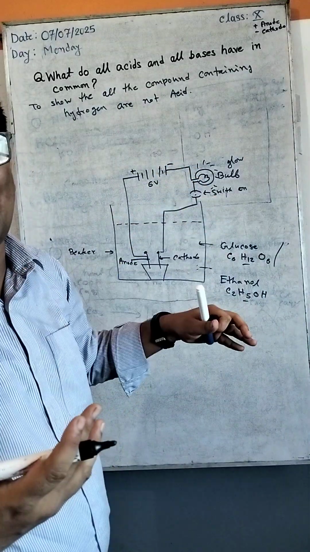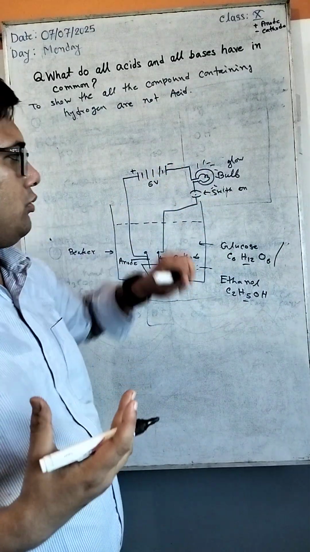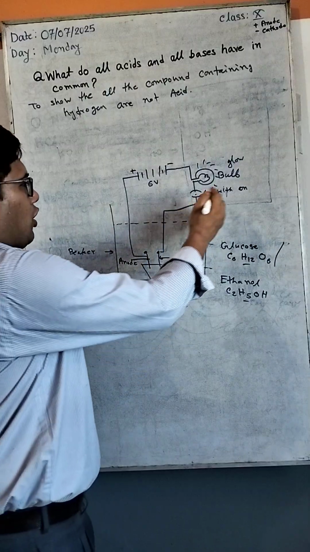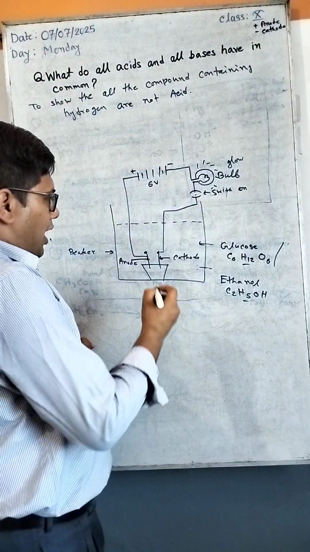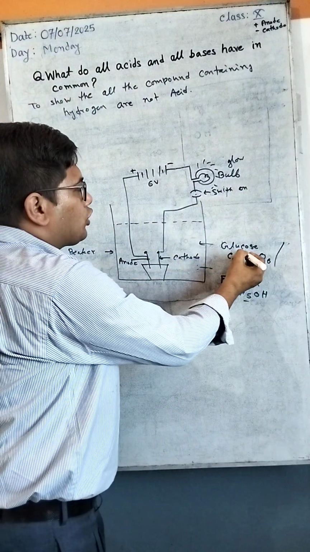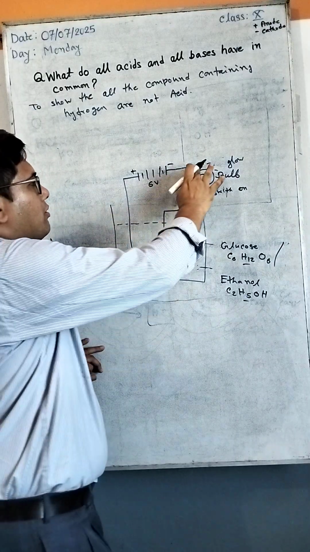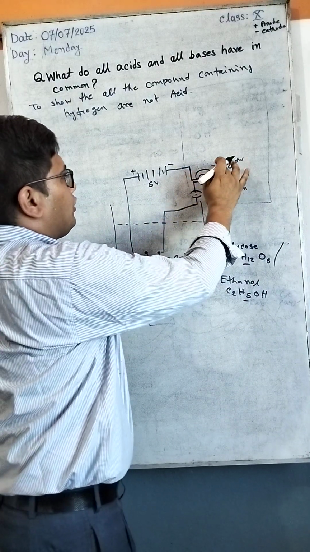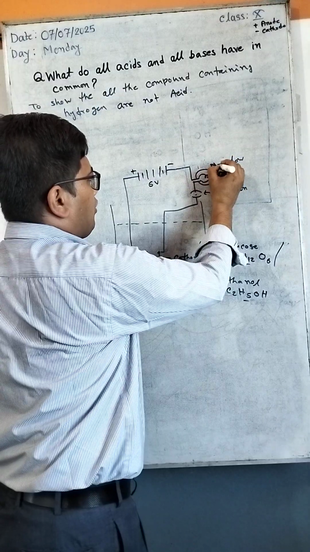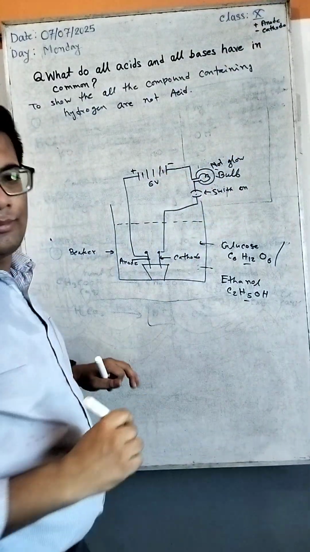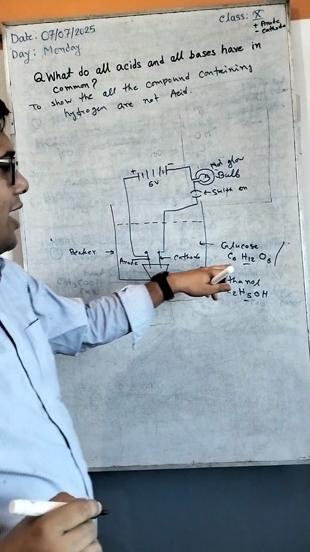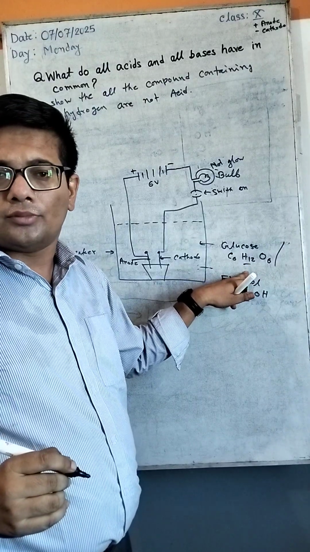If they do not conduct electricity, the bulb does not glow. Now switch on. At that time, when glucose is put as electrolyte, the bulb does not glow. Now the question is why the bulb does not glow, though this is a hydrogen compound.